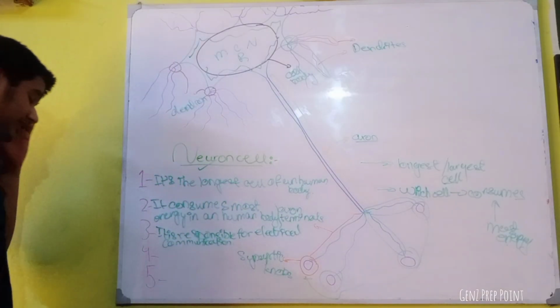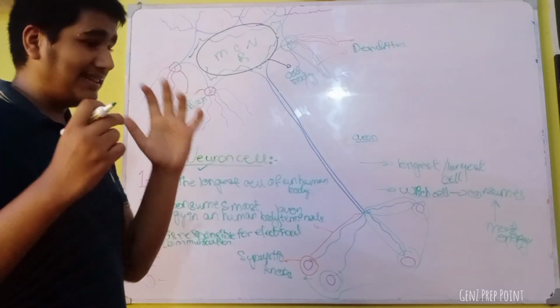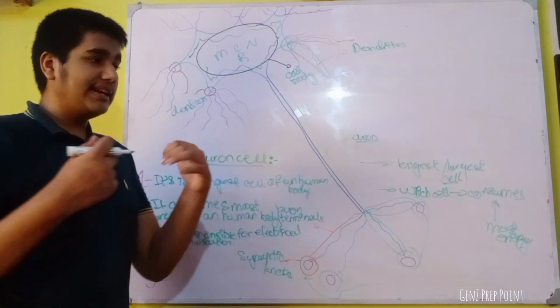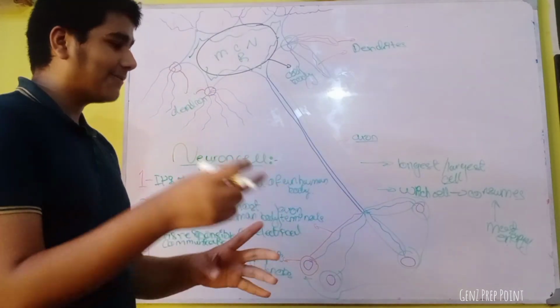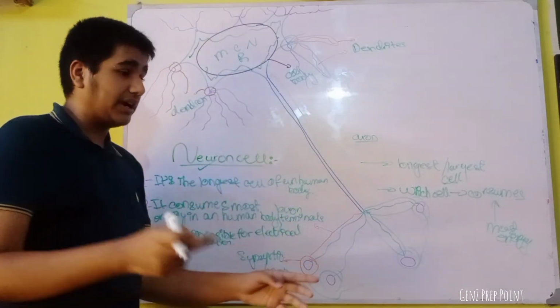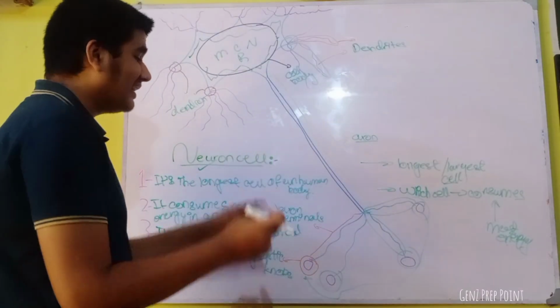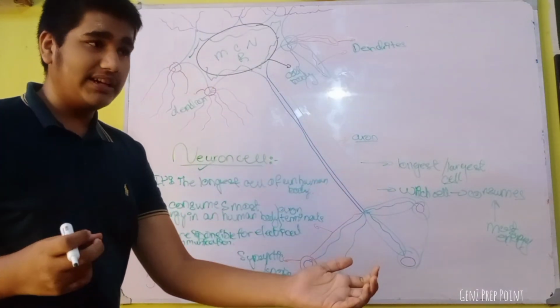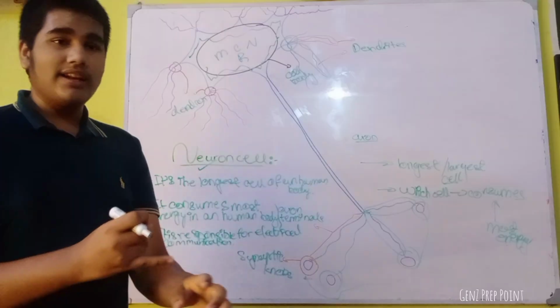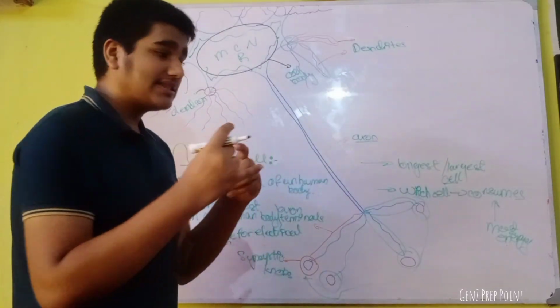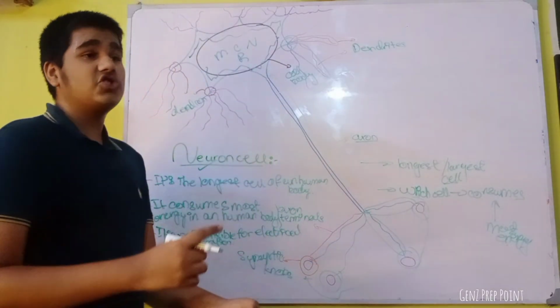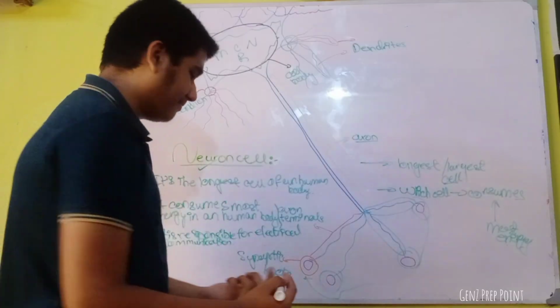If we move on to the next point, our brain then sends a response. It sends a response like we have to apply something to the environment or take any medicines. So the brain sends stimulus to our neuron cell. The neuron cell takes that stimulus and changes it into an electrical impulse.